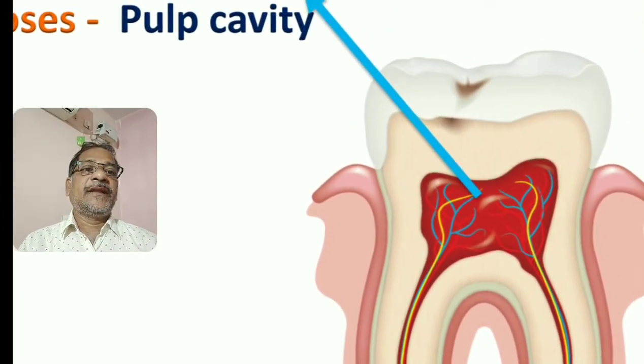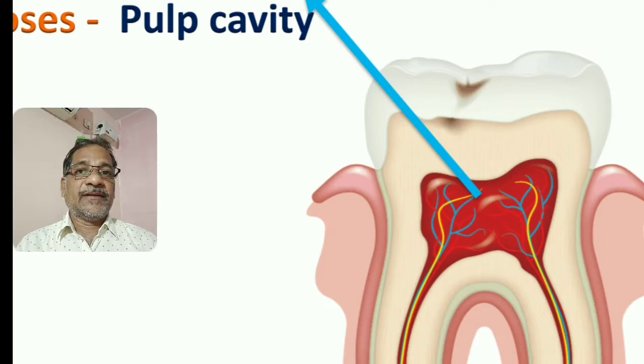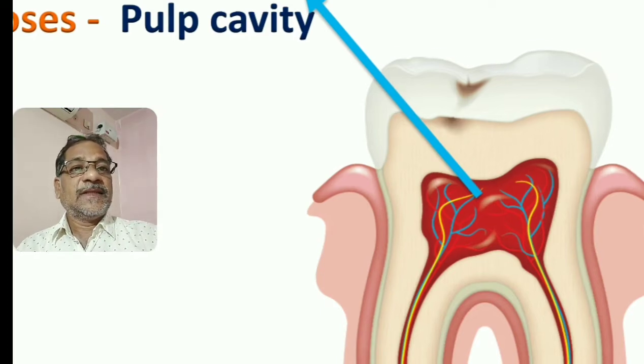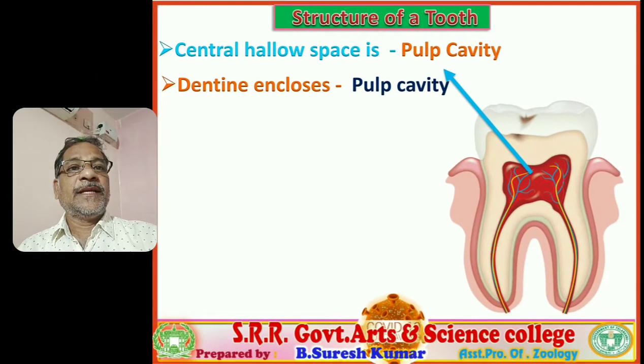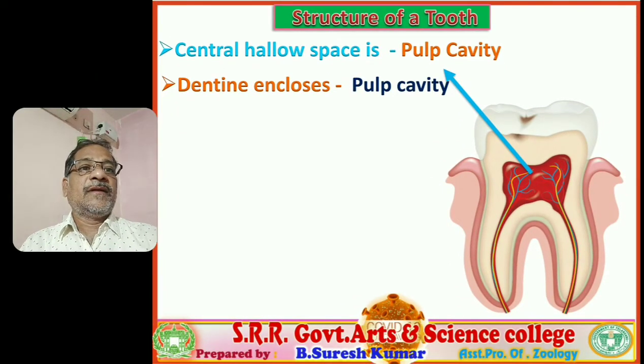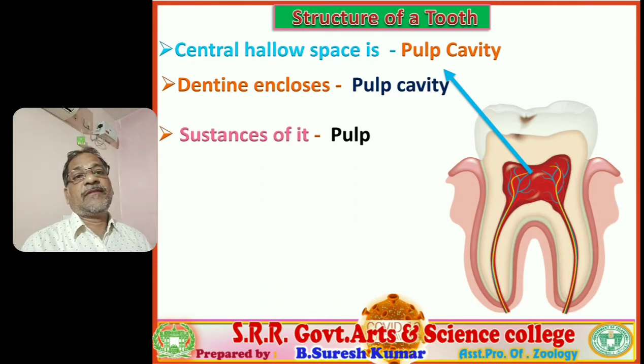In the middle, the pulp cavity is present, and it is surrounded by dentin. Are you clear? So this is about the pulp cavity. Of course, it is filled with substances, cells and vessels. Okay, later we will discuss. So it is completely enclosed by dentin.